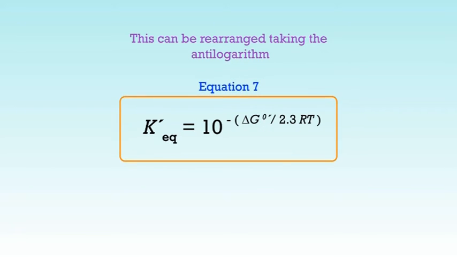This can be rearranged by taking the anti-logarithm, which is K prime eq equals 10 to the power of minus delta G naught prime divided by 2.3 RT.